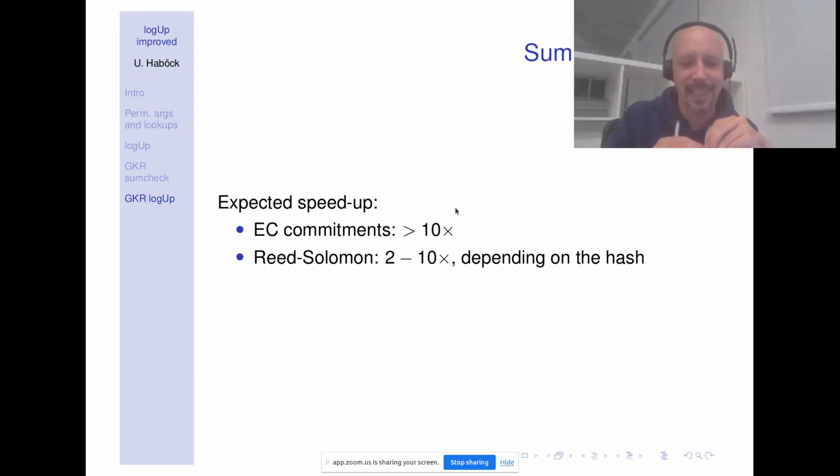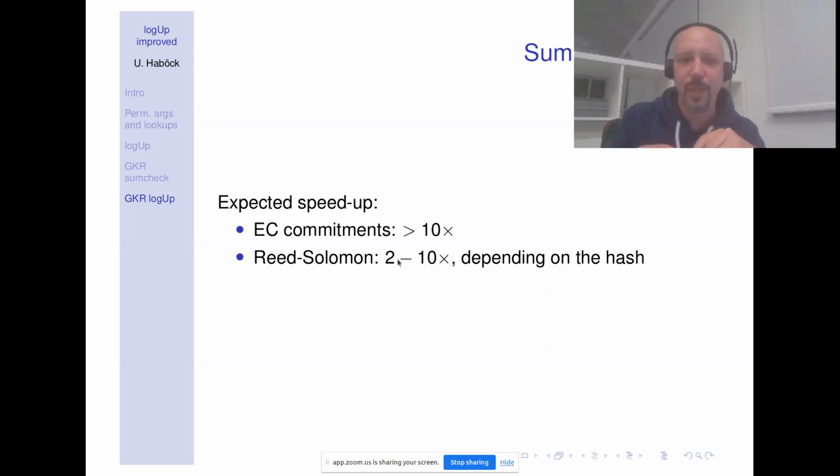And that leads us to the estimate or expectation that the speedup here is barely influenced by the type of hash you use. Even if you use a very fast hash, like Blake2 or Blake3, or Monolith, if you use very fast hashes, then we expect it will be approaching only a twofold improvement.